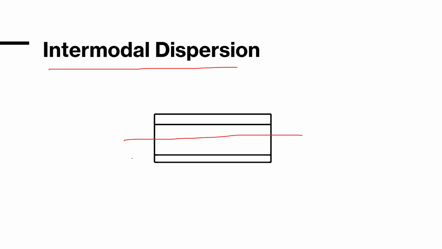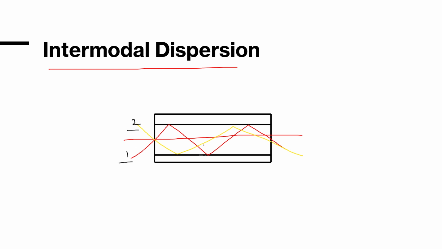When light signal 1 propagates through this fiber optic cable, and let me change the color for the second light signal, suppose this is the second signal. As you can see here, this is the second light signal and this is the first light signal.